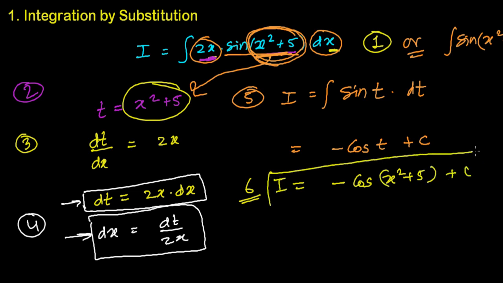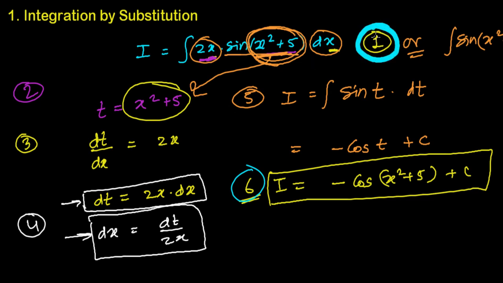And these are the 6 steps for every integration process if you want to solve by the method of substitution. So always keep in mind those 6 steps. The first step is look at your variable. Second step is select a new function to replace that independent variable.